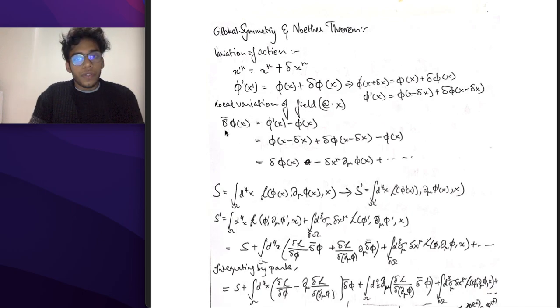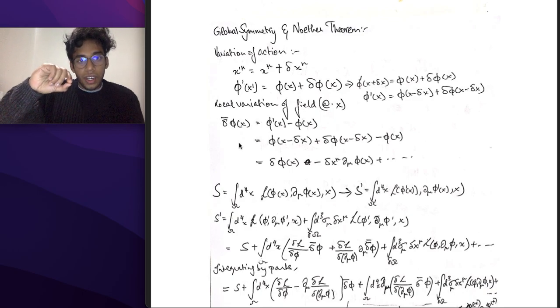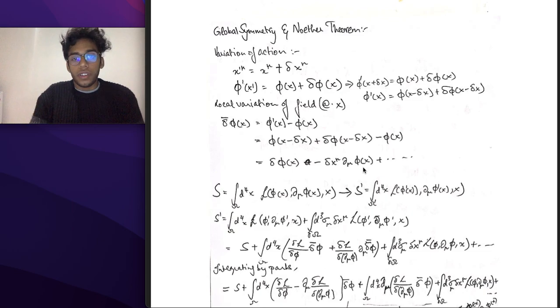But anyway, you define a local variation, that means the variation of the field at that particular point in space time, and you get this particular relation that involves the derivative of the field and the variation in the distance.